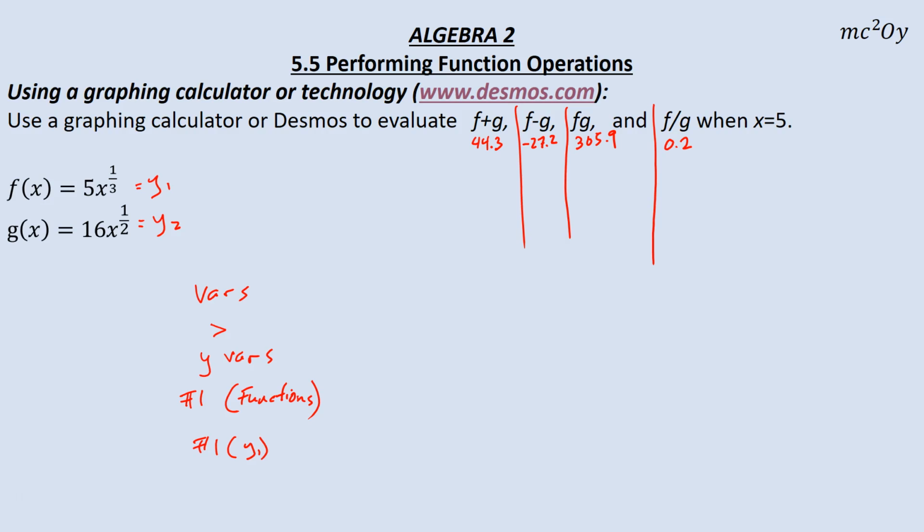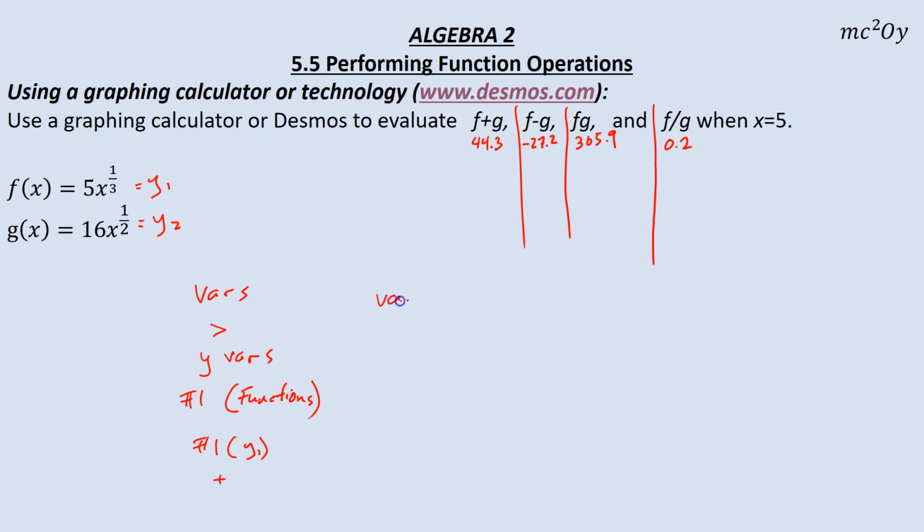You'll notice on your screen, a y1 appears. Then if you hit plus, minus, multiply, or divide, whatever operation, so let's say we want to add them, you have to do all of these steps again.